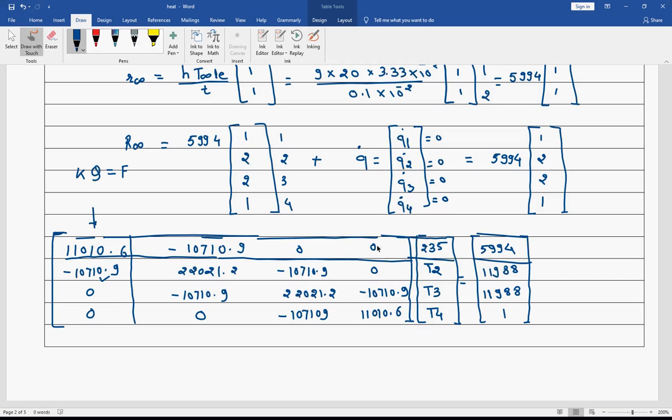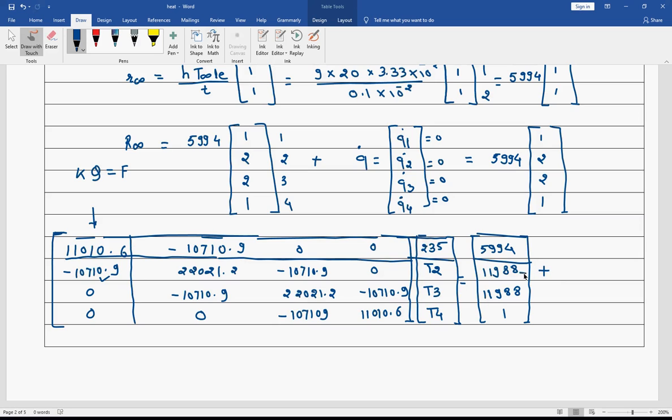So this column I cannot eliminate. I can eliminate the row, because this is known to me. But I cannot eliminate this column. Why? Because this value into 235 is a positive value. It is not 0. So I need to multiply this into this, and I have to take it back here. So now what I do? This will be my plus, since this is negative.